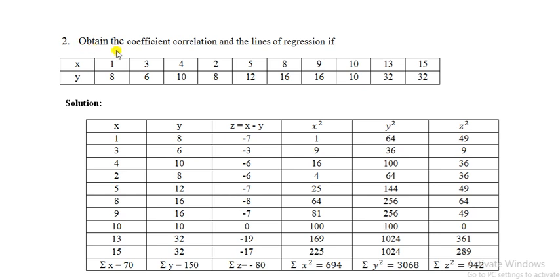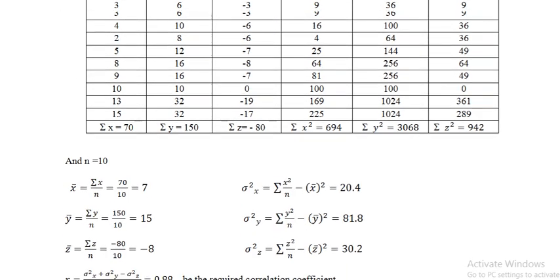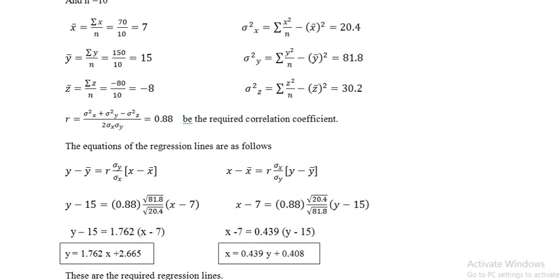And this is another example for coefficient of correlation and lines of regression. So again you follow the same procedure as in the above problem and calculate x, y, z, x square, y square, z square, and also find the value of r.